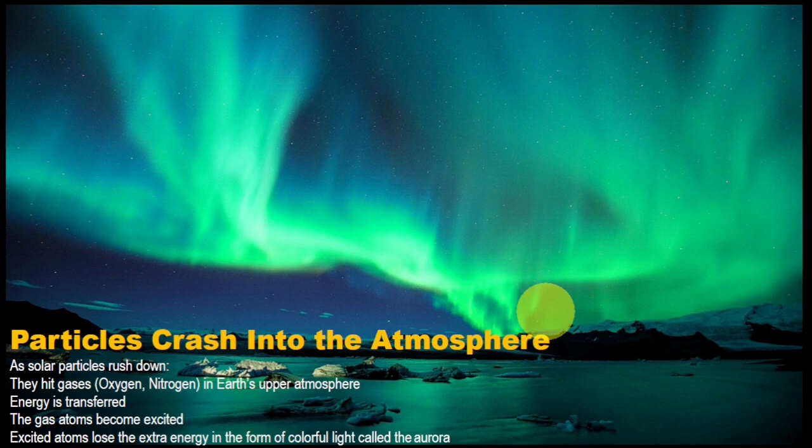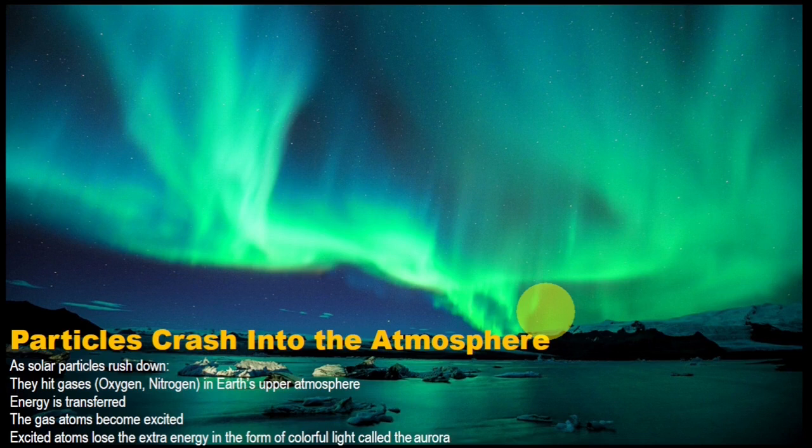When they collide, the energy from the ions and electrons excites the electrons in these air molecules. They go up to a higher energy level, and then they come down to the lower energy level.